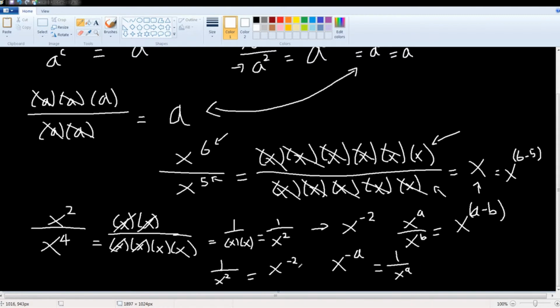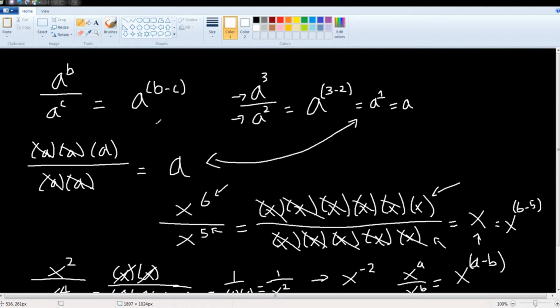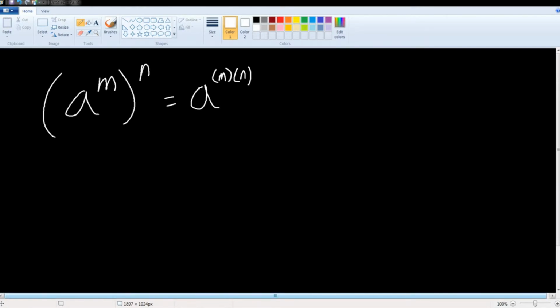So in other words, x to the negative 2 is the same thing as 1 over x squared. And that is why and how this exponent property works when it comes to dividing terms of the same base with different exponents.